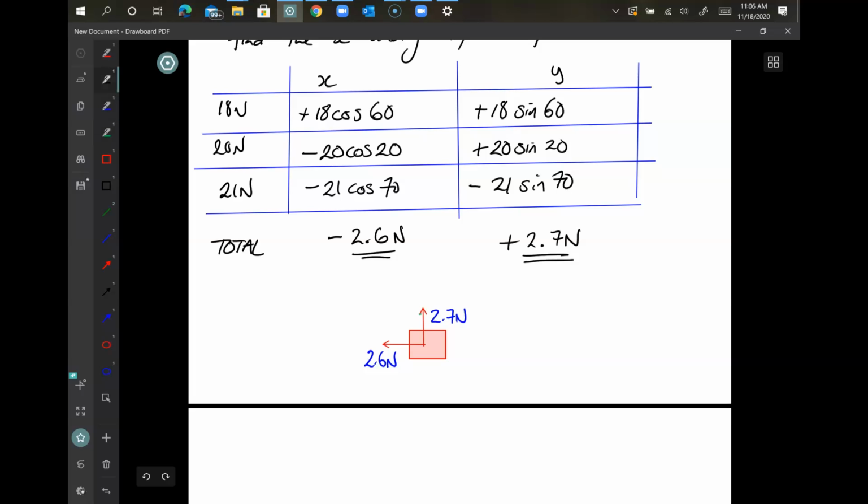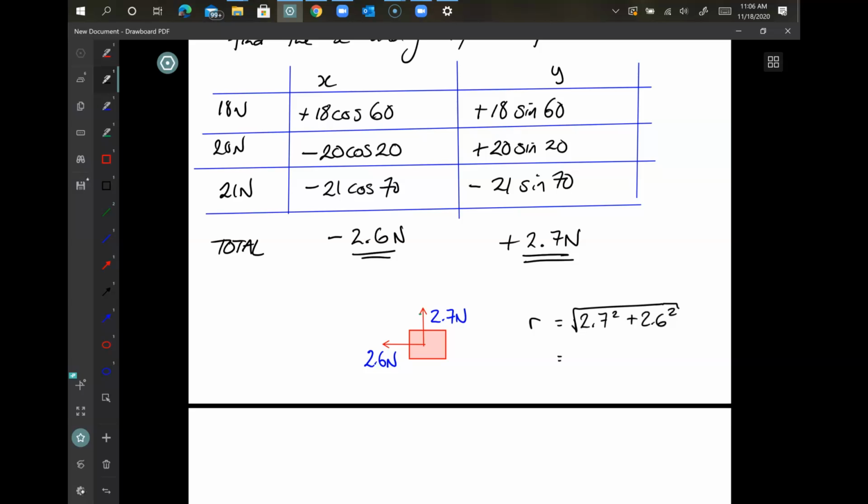So first of all, I know that the resultant vector, adding those two together, is going to be 2.7 squared plus 2.6 squared, all square rooted. And that's easy enough.